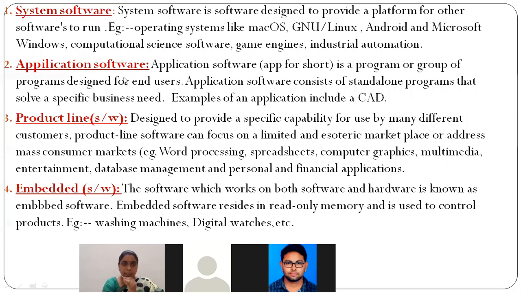And the next one is application software. Application software, we generally call apps. These are programs or groups of programs designed for end users. Here the end user is the person sitting in front of the system. The end user will have different needs according to their area of interest. Suppose I am very much interested in painting.